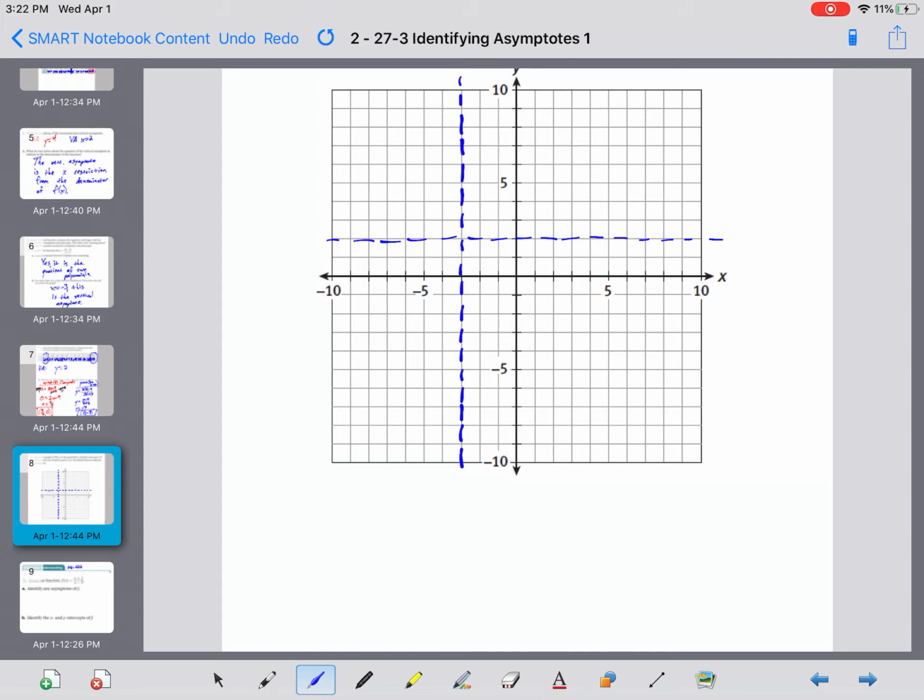Now, let's look at the x- and y-intercepts. For the x-intercept, we had 4.5, so 4.5 comma 0 is right about there. For the y-intercept, we had negative 3, so negative 1, 2, 3 is right about there. Okay, so those are 2 points that we found using the x- and y-intercepts. So remember what we said about these asymptotes.